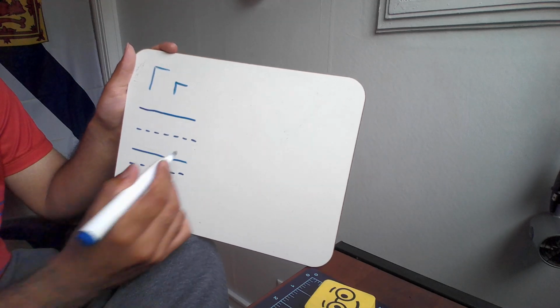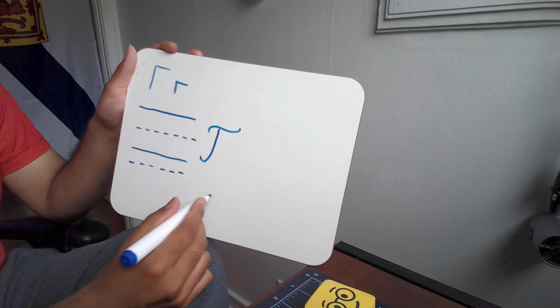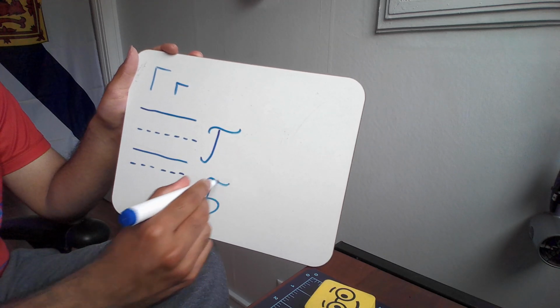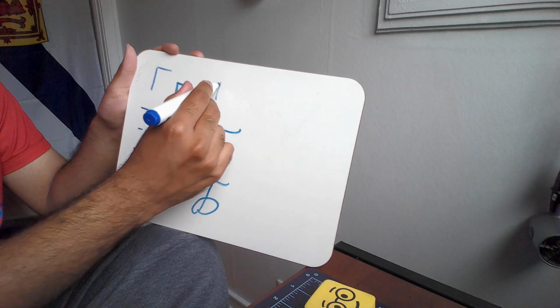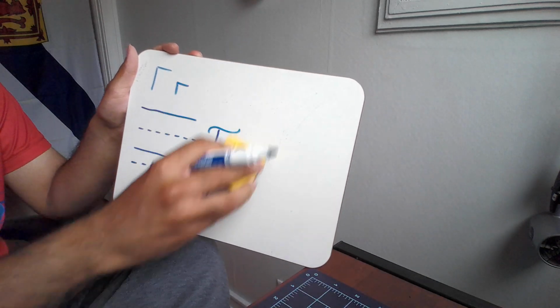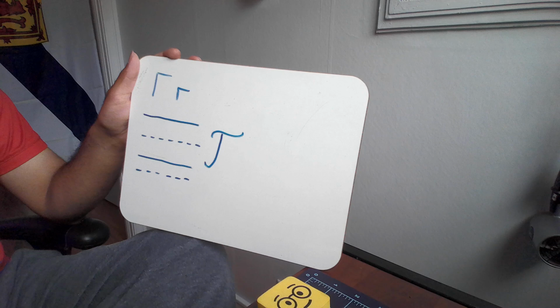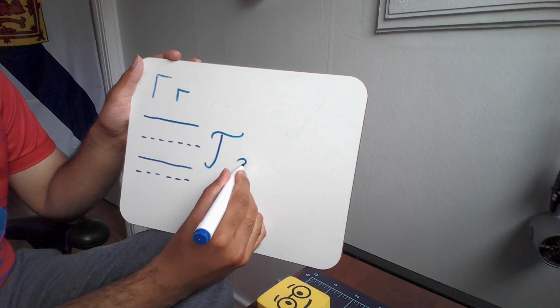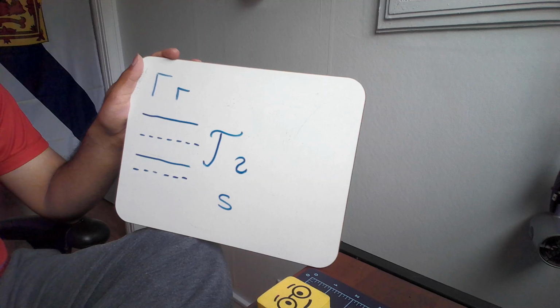And the capital version of this letter looks like this. So it's very similar to the B. It just is missing this loop down here, just like the B, it's got an extra loop down here. So G, it looks very similar in the capital form, but its lowercase is a little bit different. Its lowercase looks like a backwards S, like the letter S written backwards.